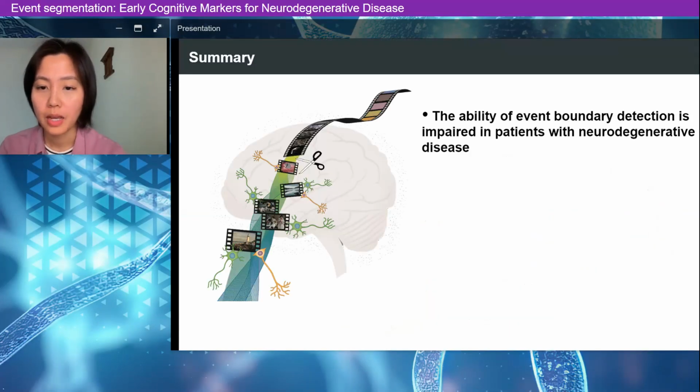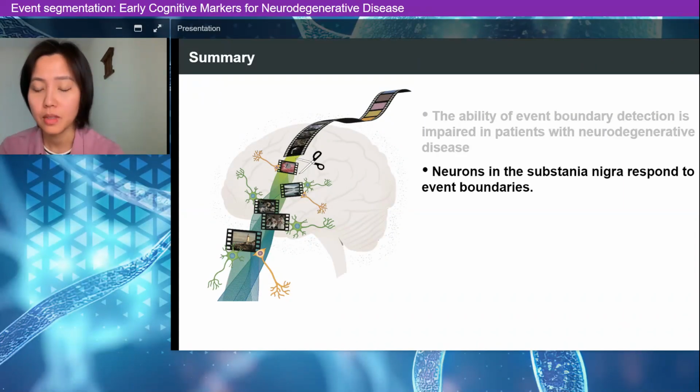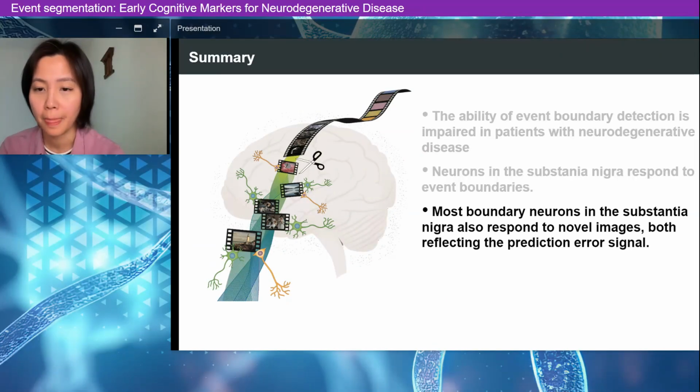In summary, what we show here is that event boundary detection is a very critical ability people use day to day. And oftentimes this ability is impaired in patients with neurodegenerative disease. And we observed that neurons in the substantia nigra responded to these event boundaries with either increased or decreased firing rates.